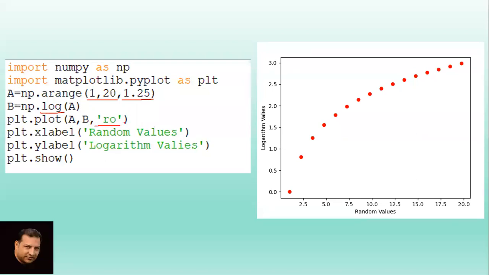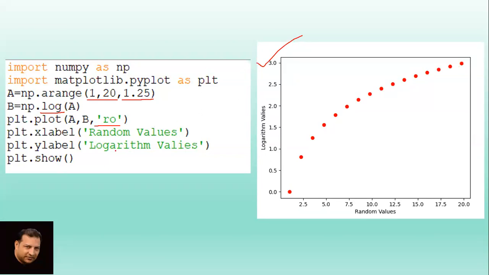We are not going to provide anything else here. Automatically, this plot function will create a chart something like this without any line. There are no lines, only dots are there because we have not used line style.